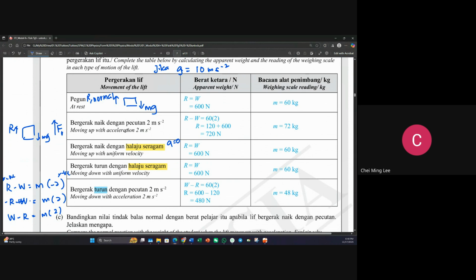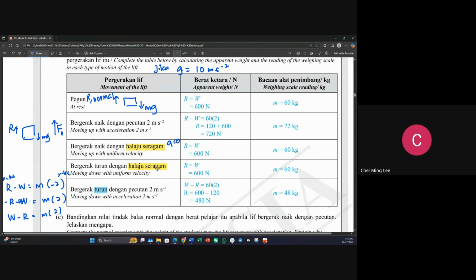When moving up with acceleration of 2 meters per second squared, R minus W equals to ma, so R equals 120 plus 600, because the weight is mg, 600. So R equals 720 Newton, and the mass reading will be 720 divided by 10, so you get 72 kg.